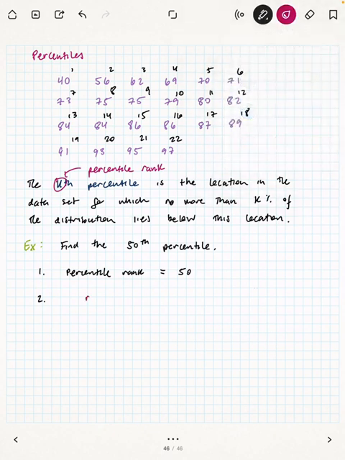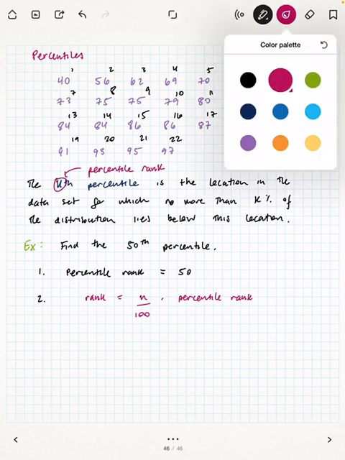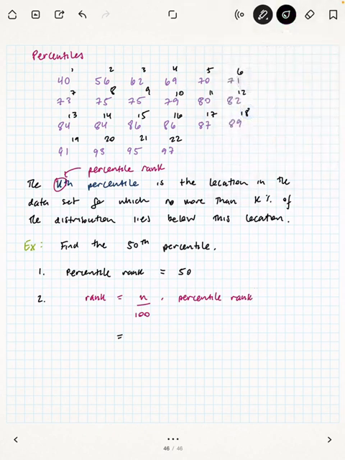So if we write that equation we had before, using this version of that equation, because we have percentile rank and we want to find rank. Specifically, our n is 22, divide that by 100, and we multiply by 50. Here then, we'll get 22 over 2, which is 11.